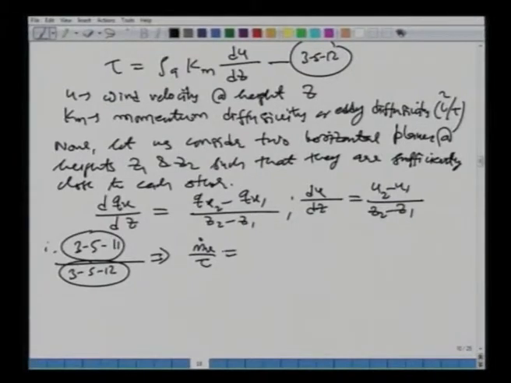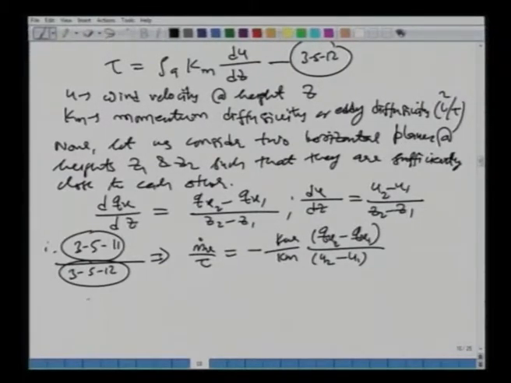Rho a would cancel out, you have Kw over Km, and z2 minus z1 will also cancel out. So, you would have (qv2 minus qv1) divided by (u2 minus u1).